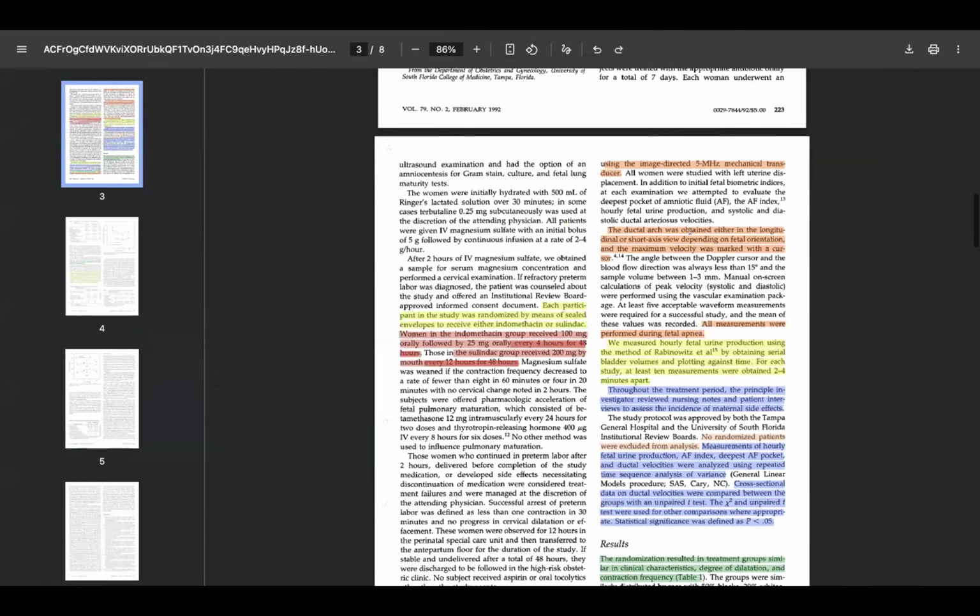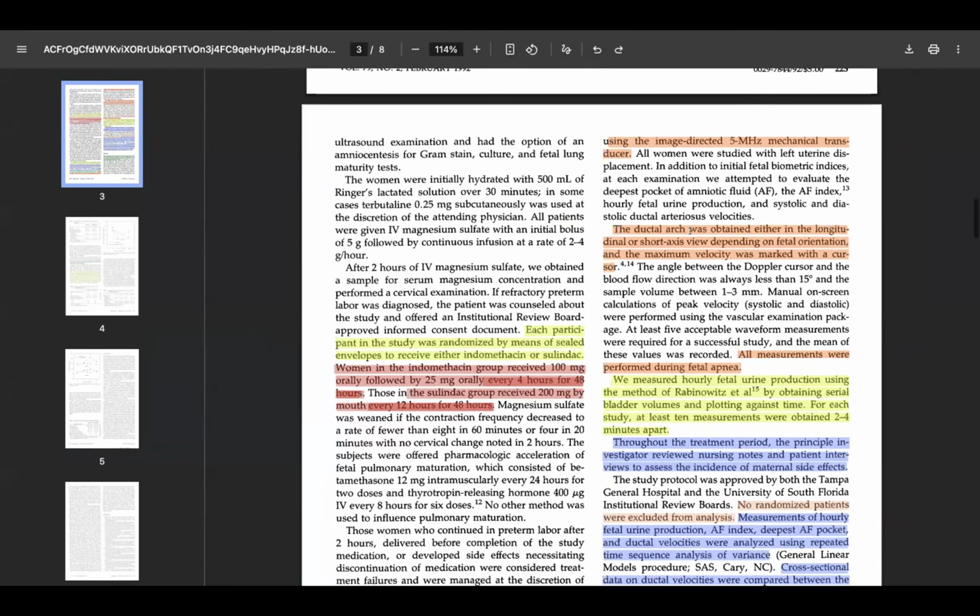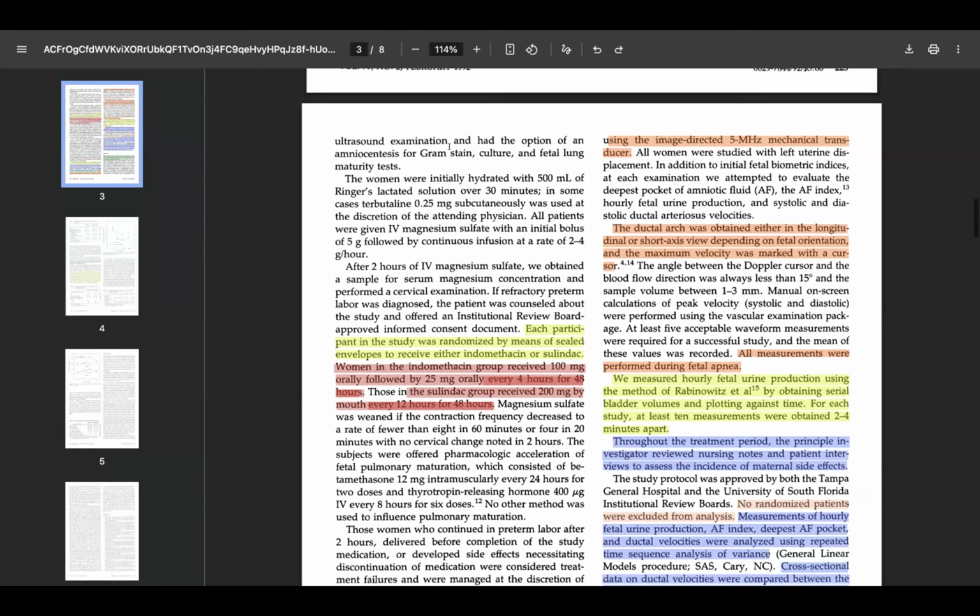On page 3 of the PDF for record 2905, on the right side, the second paragraph, it does say that the cursor was always less than 15 degrees and the sample volume between 1 to 3 mm. It sounds like they were trying to be pretty on point with it.